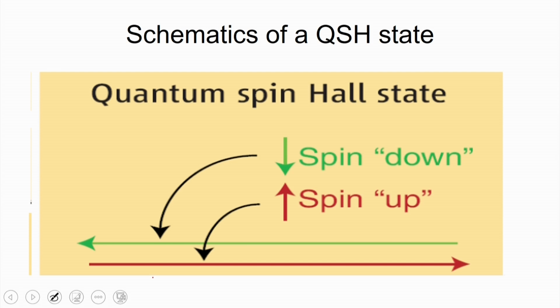Here there are two of them, one for each spin, and the spins are propagating in opposite directions. So, if the green denotes a down spin, then it is propagating from right to left, and if red denotes an up spin, then it is propagating from left to right, and the same happens in the other edge as well.